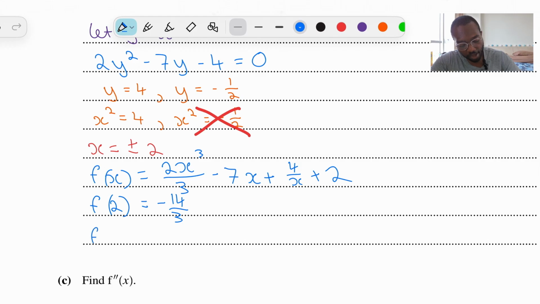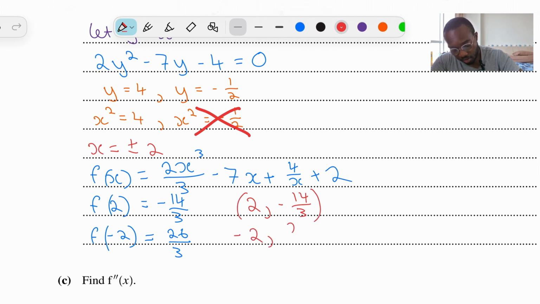And then for f of minus 2, so if you put minus 2 into your x value now for f of x, you get 26 over 3, okay? So therefore, our coordinates would be 2 and then minus 14 over 3. And we get minus 2 and 26 over 3, okay?